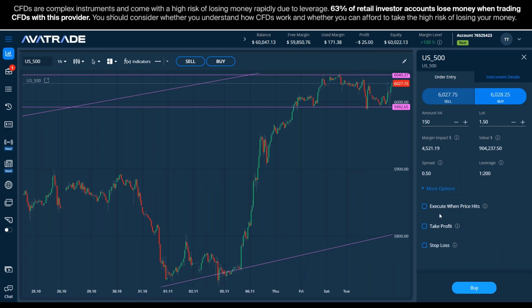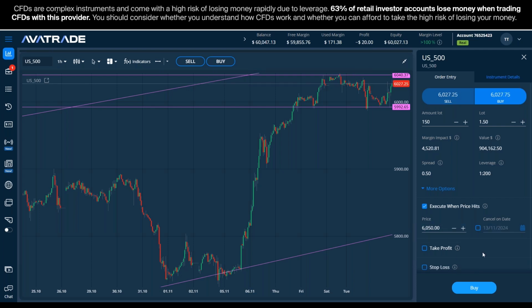So in that case, I say execute when price hits. If the price hits 6,040, at the resistance. So if it hit 6,050, it broke the resistance. Okay, we're at a new all-time high basically. So if it hits 6,050, then I'll buy. I'm waiting for a breakthrough of this resistance, confirming upward momentum.